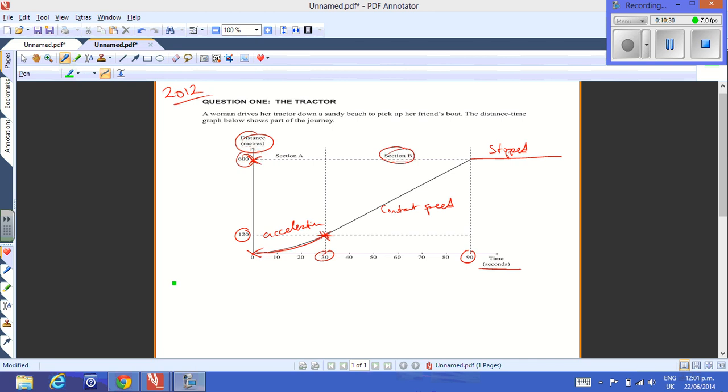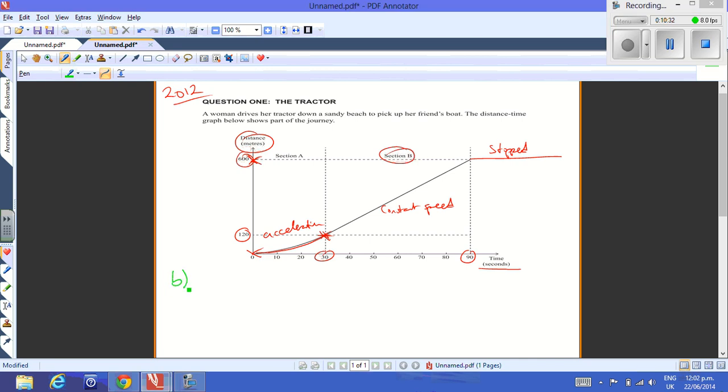Okay, so part B of this question from 2012 was to describe the motion of the tractor in section B and explain what this tells us about the forces acting on the tractor. Now, this links us into this week's teaching, or rather week 3's teaching, when we talk about forces in relation to motion. If we look at section B, we have constant speed, which we worked out a second ago.